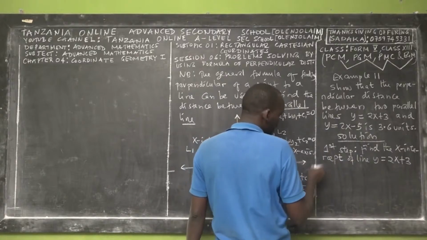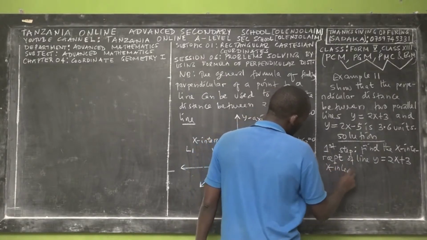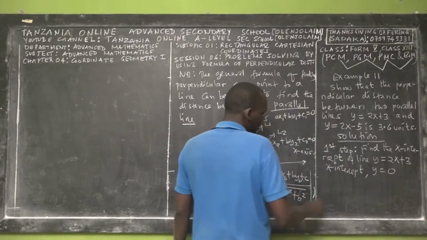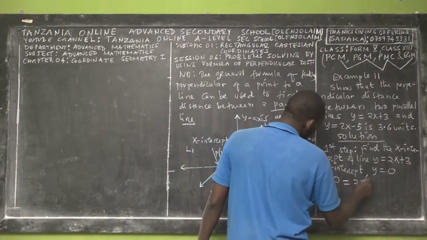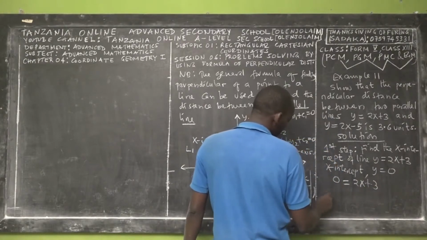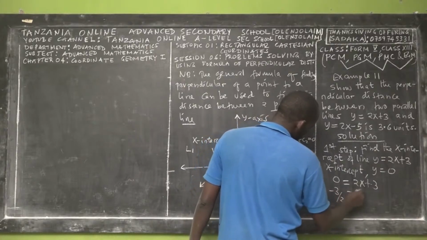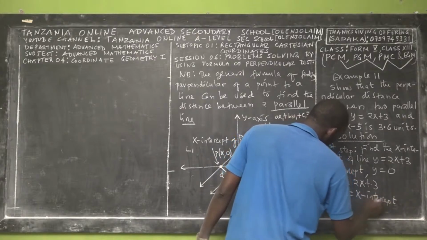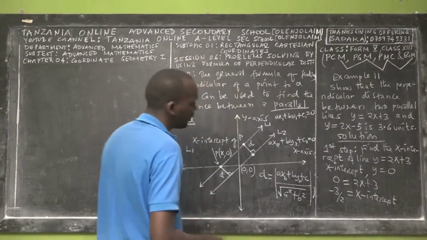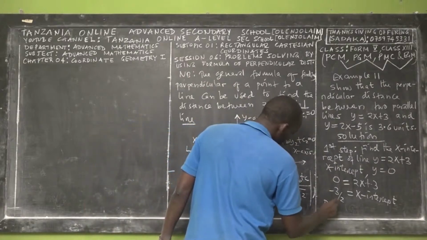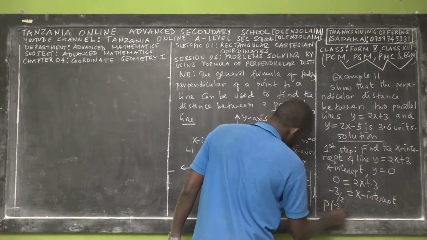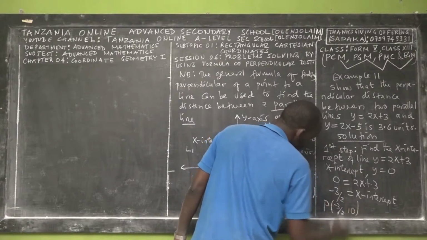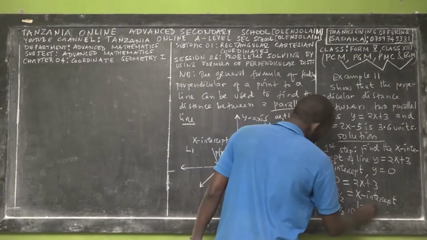Remember what we taught you in our level: for the x-intercept, we set y equal to 0. So we have 2x plus 3 equal to 0, then we have x equal to negative 3 over 2. So point P, which is the x-intercept, is negative 3 over 2, 0. So this is the point.